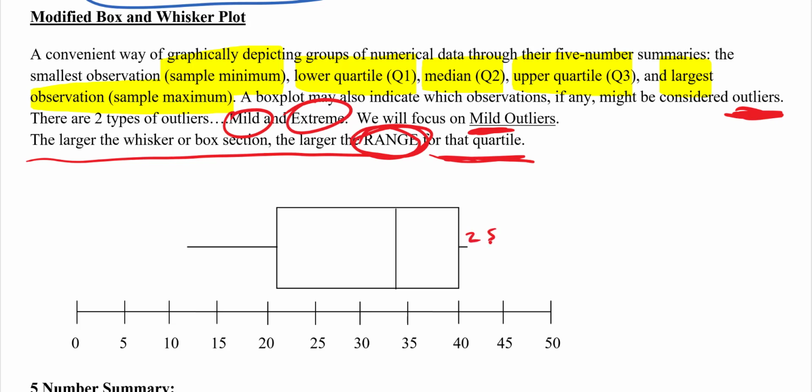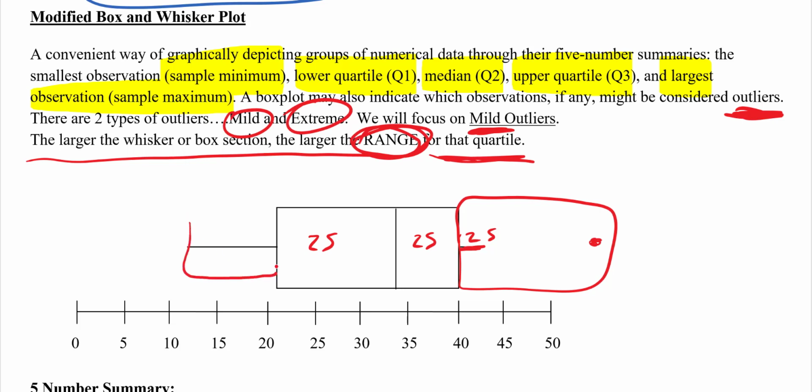If there are no outliers, and even if there were, let's say there's an outlier, which I'm not going to put one there, 25% of the data is here, including this whisker. 25% is here in this box. 25% is here in this box. And 25% is in this whisker, or if there's any outlier, then it includes that. Okay, so there's always 25% of the data in each of those.